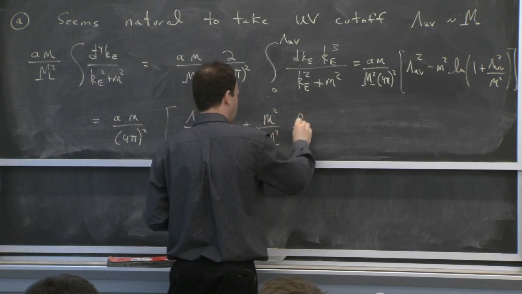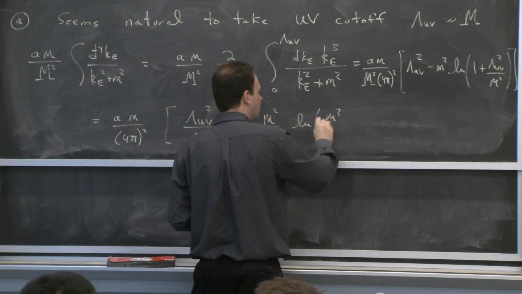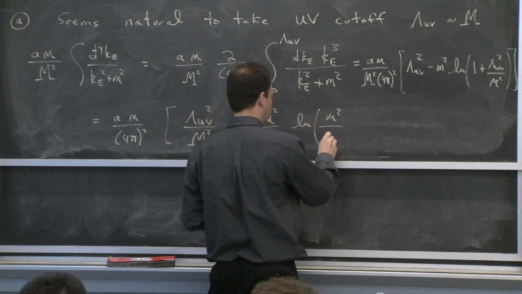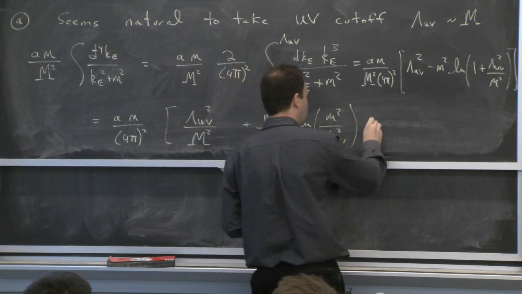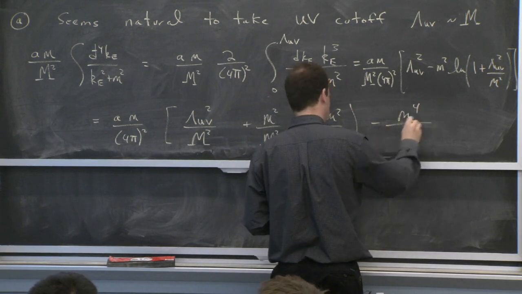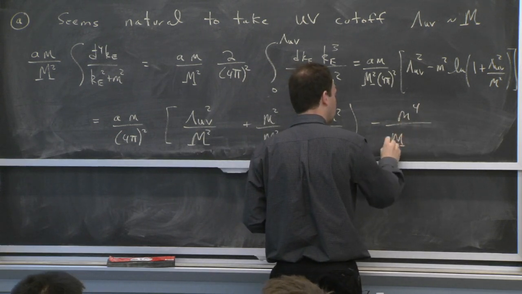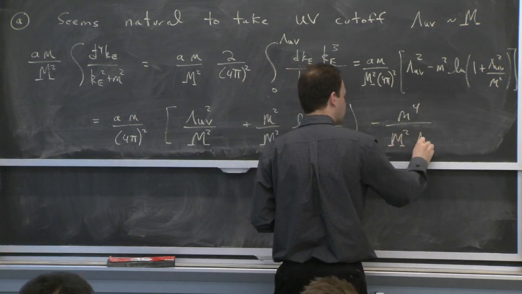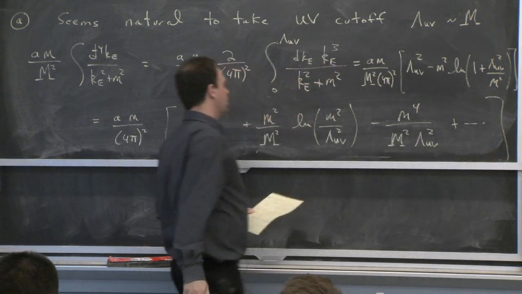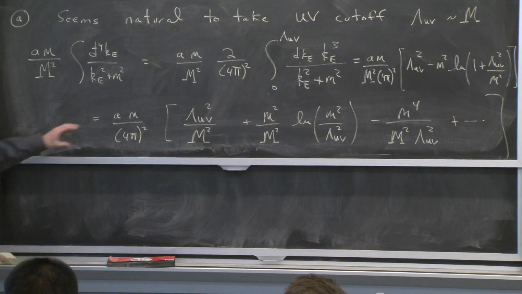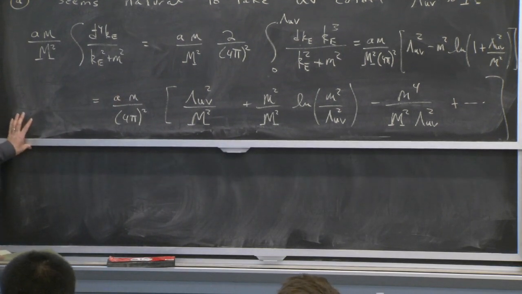So there would be a logarithmic term. There's this lambda UV squared over capital M squared if I put that factor in. And then there's some. So everything I'm writing in the square brackets here is dimensionless. This has the right dimensions of a mass.